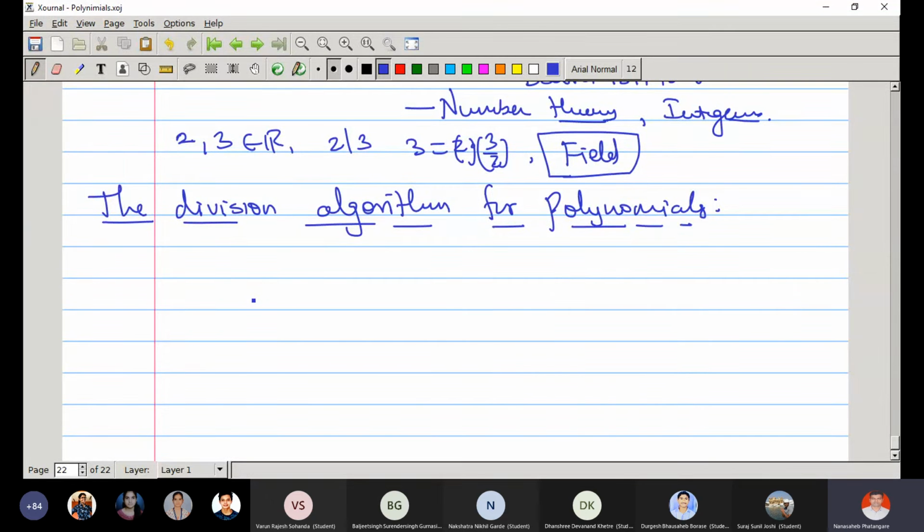Field means whatever algebraic properties you learn for real numbers; anything satisfying those properties is called a field. The key properties are addition, multiplication, and every non-zero element having a multiplicative inverse. And A into B is the same as B into A.